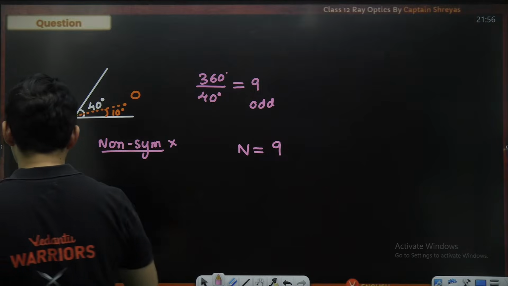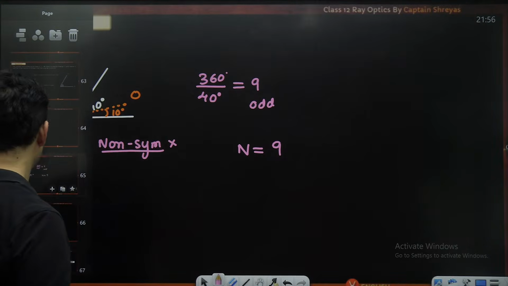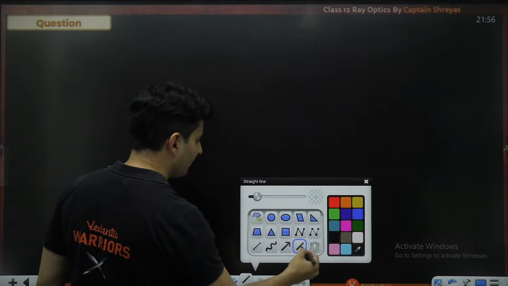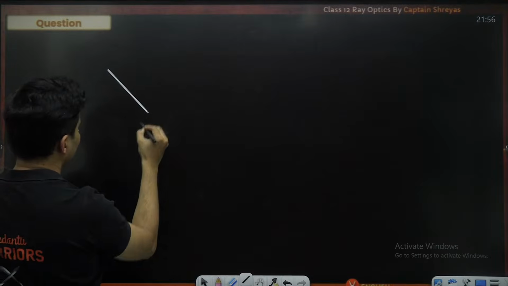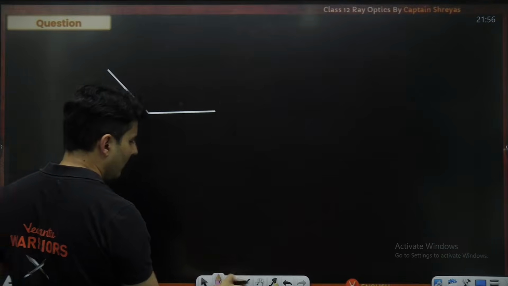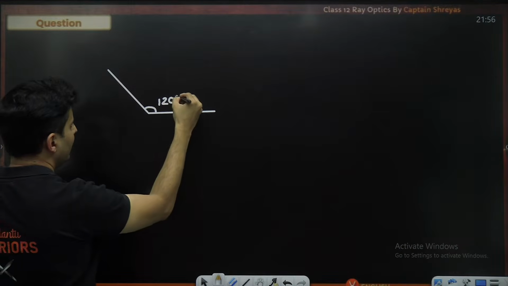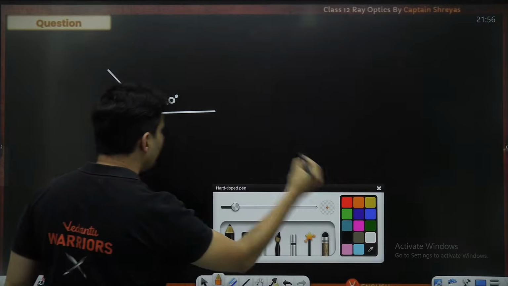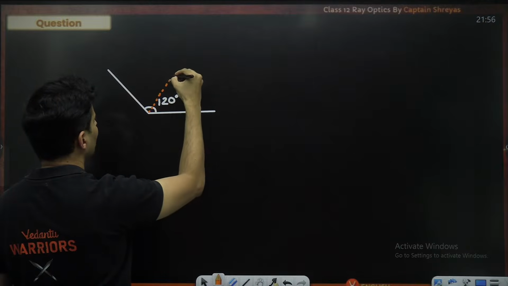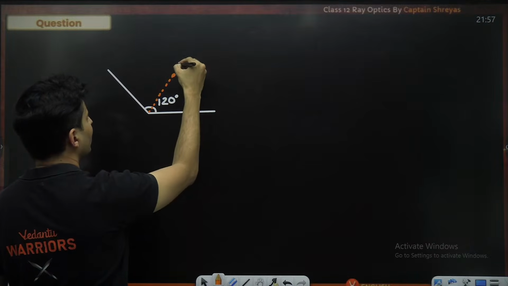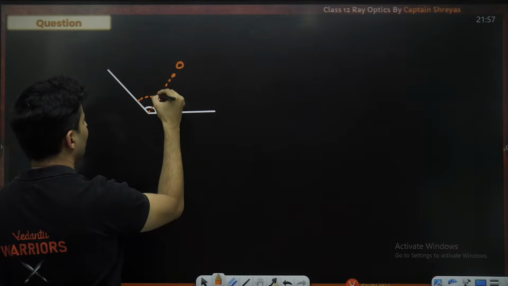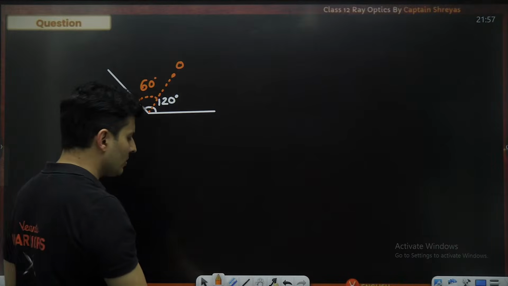Okay. Even if you take obtuse angle also, you will get the same thing, my dear. Like, say, for example, this and this. Say this particular angle is 120 degrees. And maybe somebody decided to place an object over here, maybe at an angle of 60 degrees. It could be something else also.